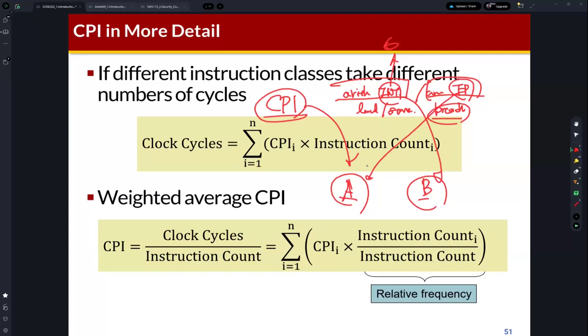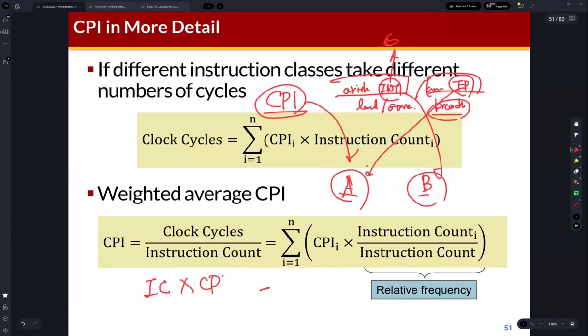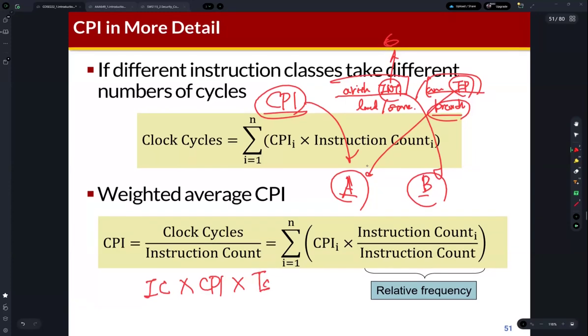So in order to calculate the CPU time, we need the instruction count, the CPI, and the clock period TC. Then we actually use the average CPI, but in order to calculate the average CPI, we also need to consider the proportions of instruction types.